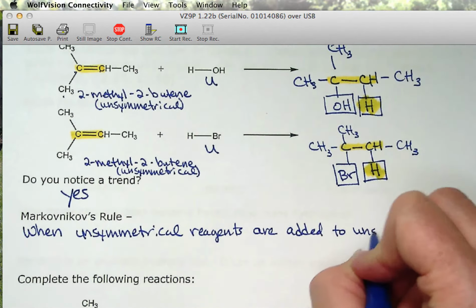So when you identify a reagent as being unsymmetrical and then the alkene as being unsymmetrical, pick the carbon in that alkene that has more hydrogens. This is where the better party is.